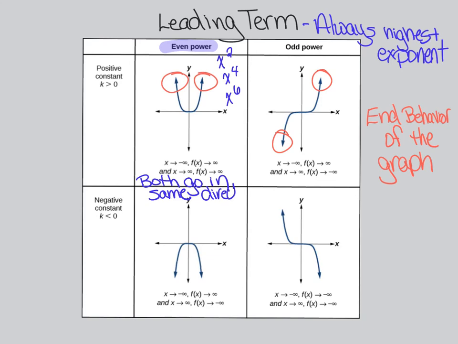Now, when a parabola has a positive a value, which direction do they go? So if I have 4x squared, which way do the ends go? Up or down?